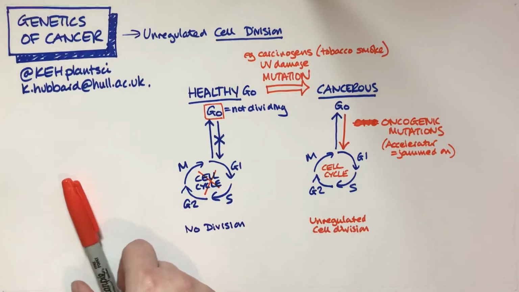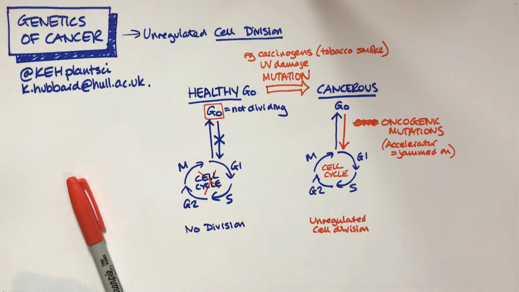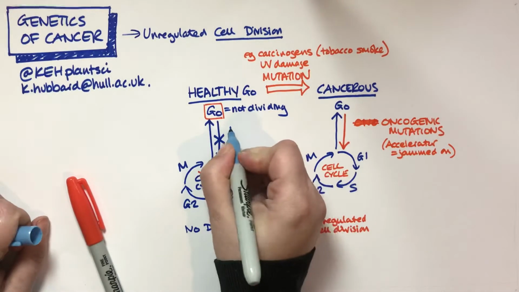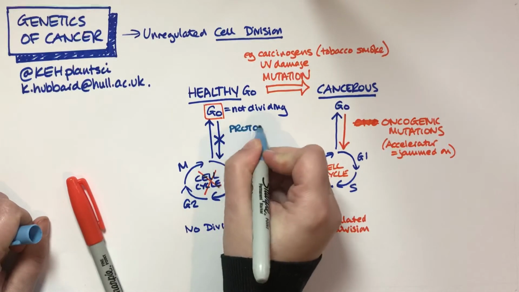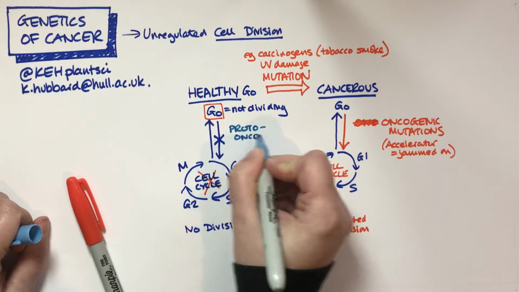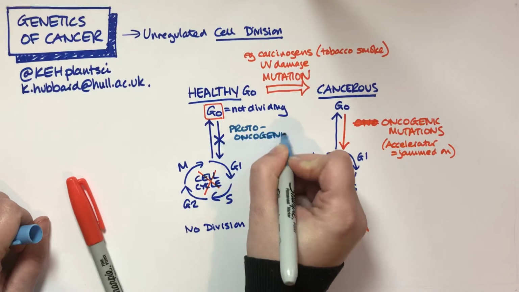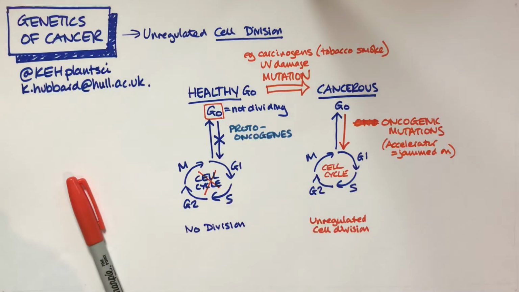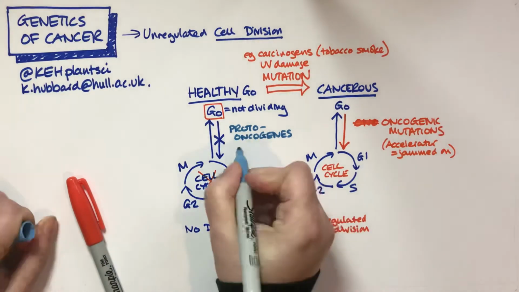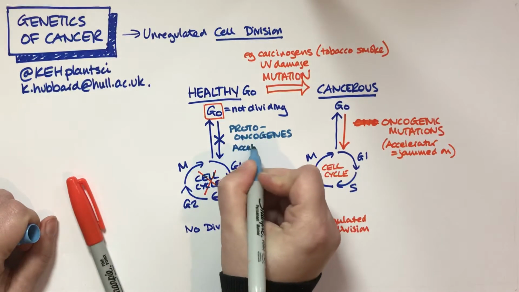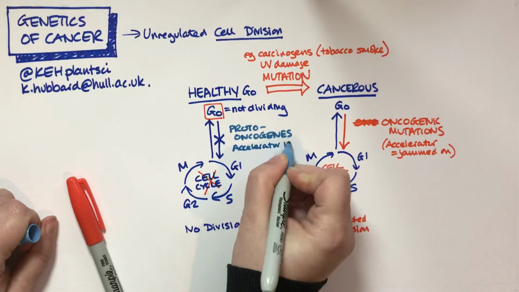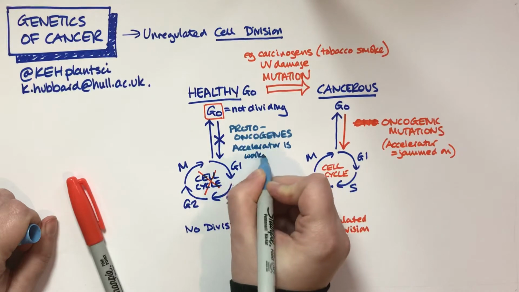There are a bunch of genes that in the unmutated state we call proto-oncogenes. If they're working as they should, they're not cancerous. That would be the accelerator working correctly.